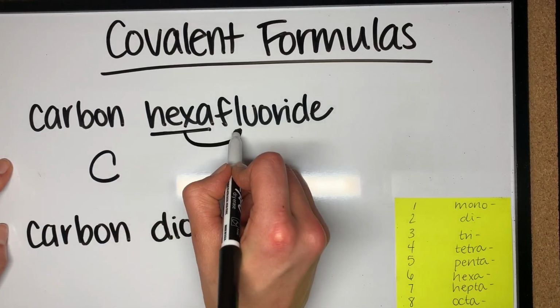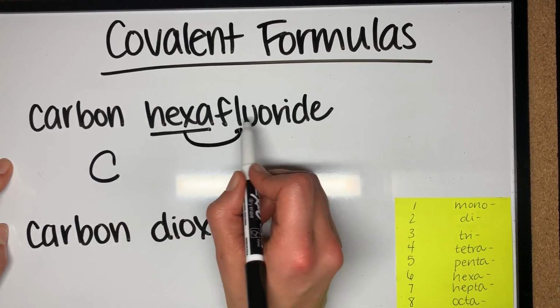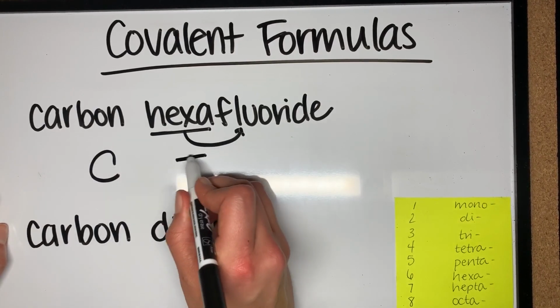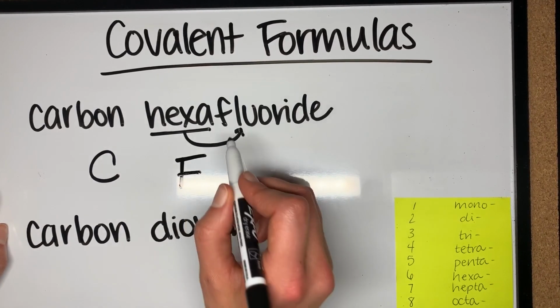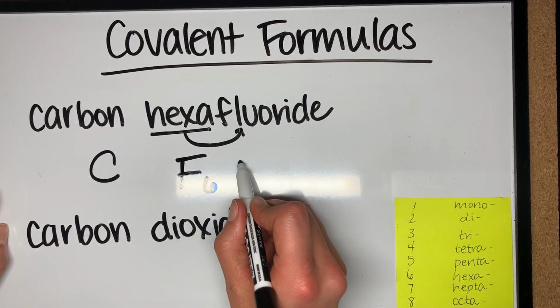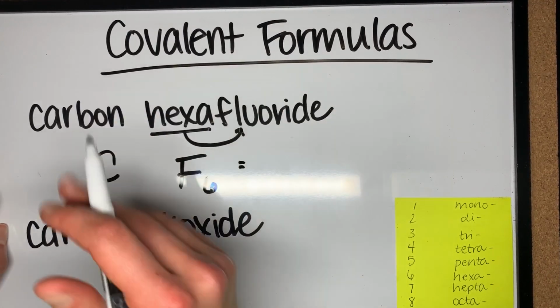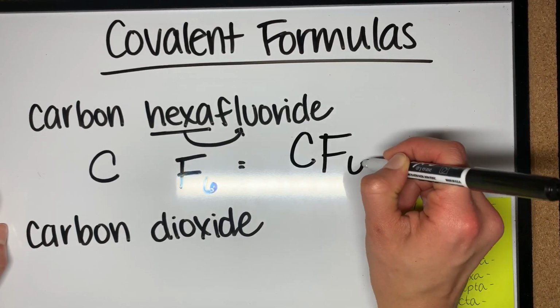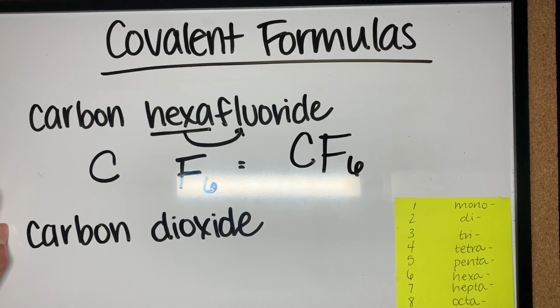That is telling us how many fluorines there are in the compound. So fluorine is F, hexa means there's 6 of them, so F6. When we put those together into a nice neat formula, carbon hexafluoride, CF6.